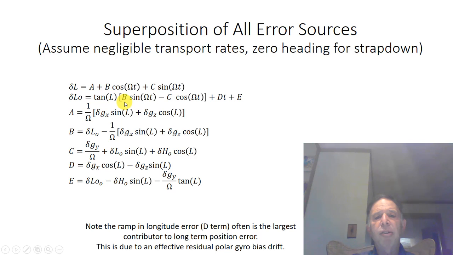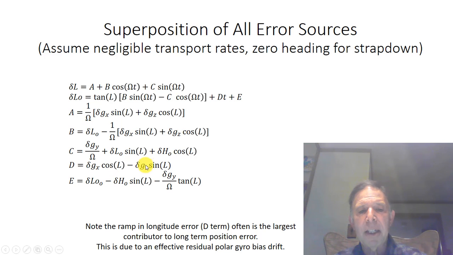And in the case of longitude, we also have the case of obtaining a ramp that depends upon your X gyro bias and Z gyro bias. Now note it is a combination of the X gyro bias and Z gyro bias that depends upon latitude. And this combination is essentially a resolution about latitude into the polar frame.